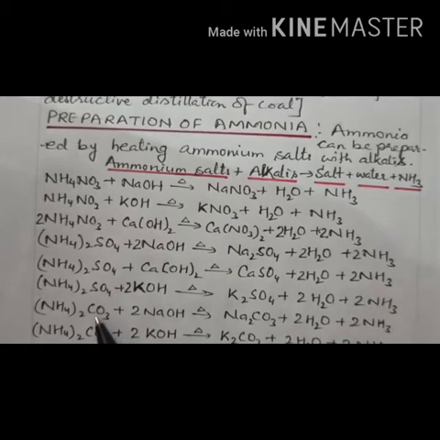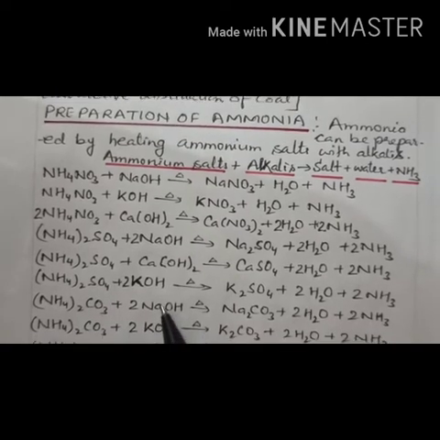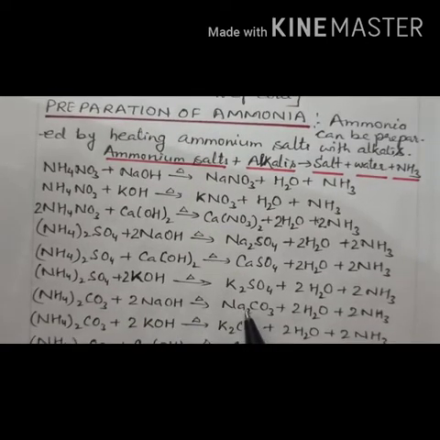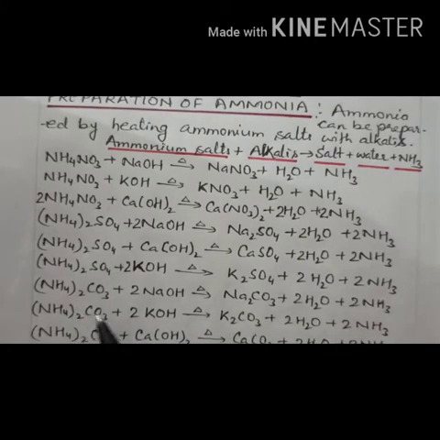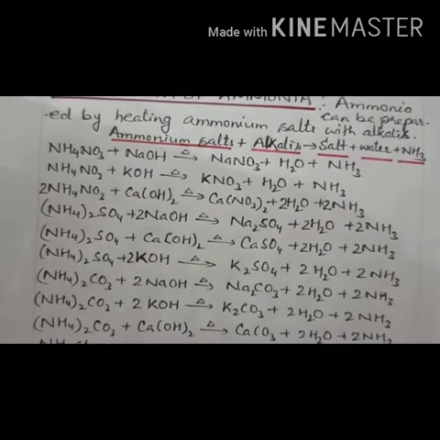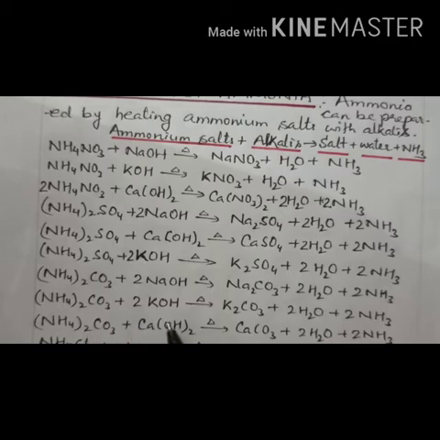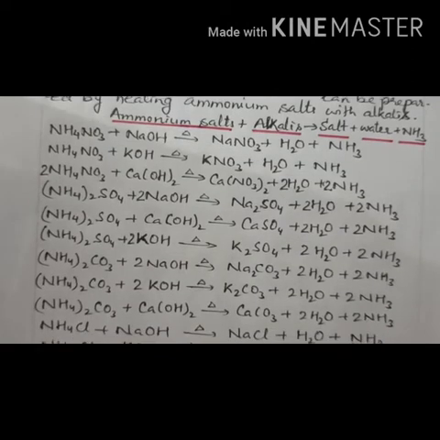Ammonium carbonate is another salt of ammonia. With sodium hydroxide, it gives sodium carbonate, water and ammonia gas. With potassium hydroxide, it gives potassium carbonate, water and ammonia gas. And with calcium hydroxide, it gives calcium carbonate, water and ammonia gas.